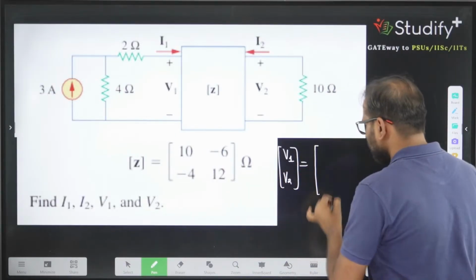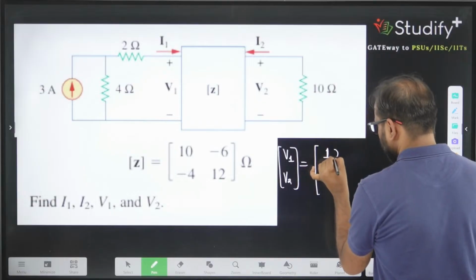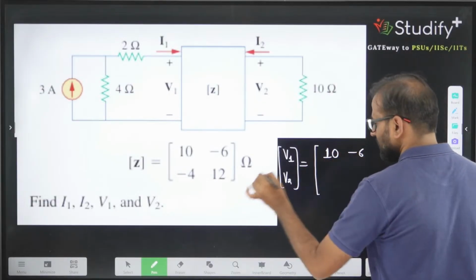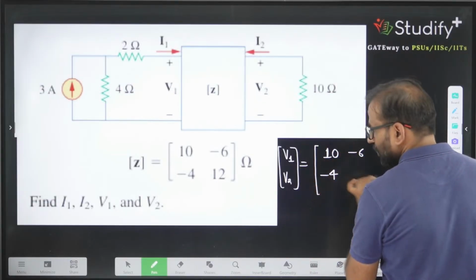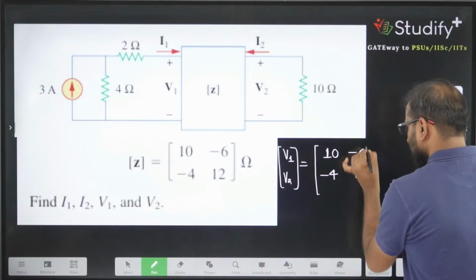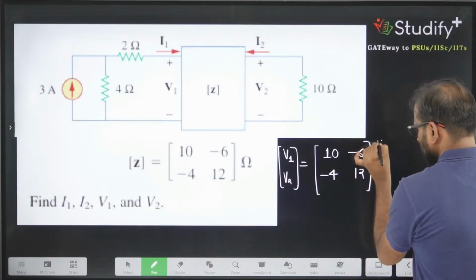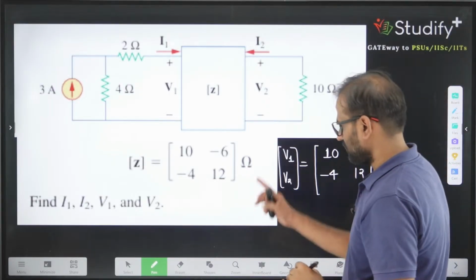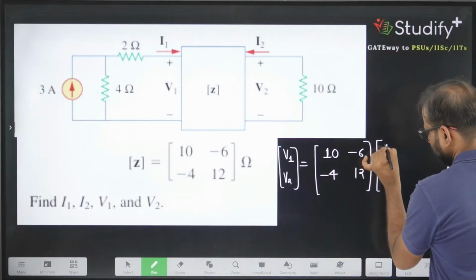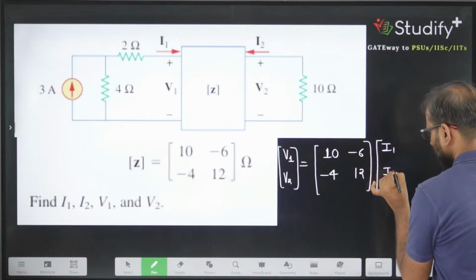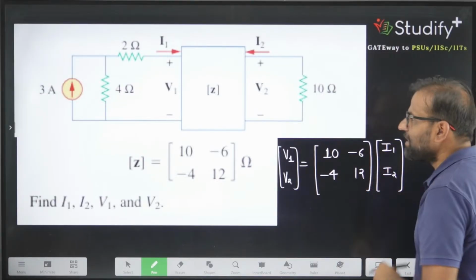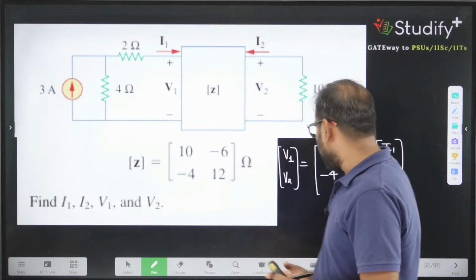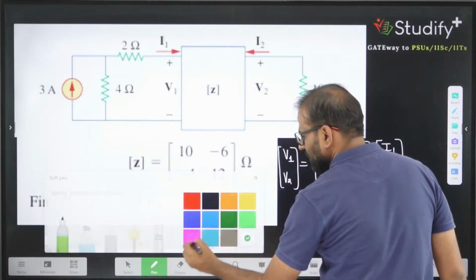Here it is 10, minus 6, minus 4, and this is 12. So the Z parameter is given for this internal block, and for this block we can solve these two equations.